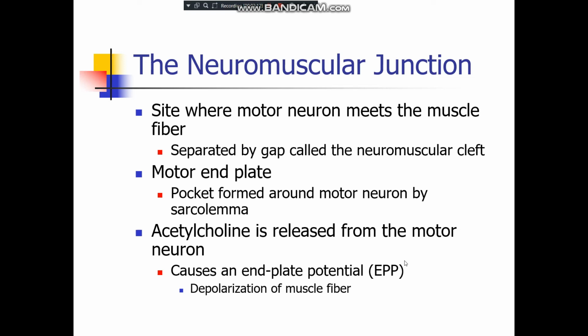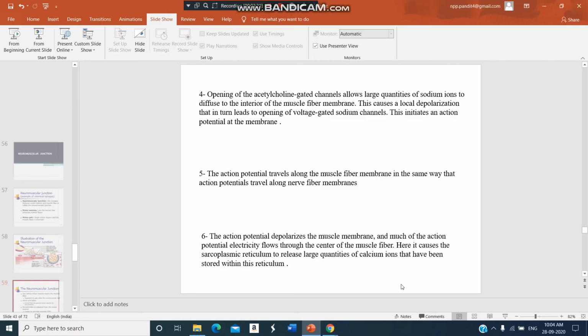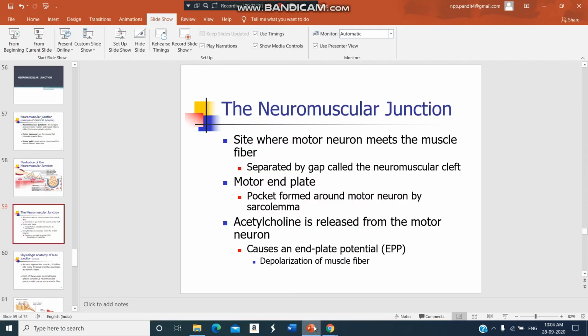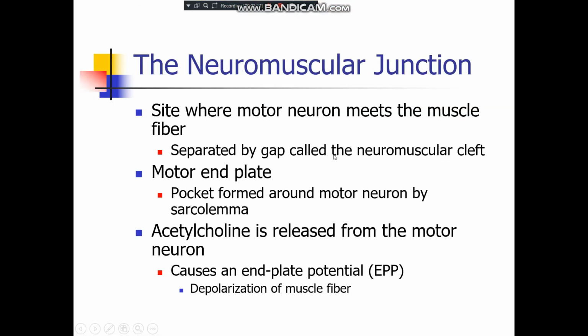So the neuromuscular junction is the site where the motor neuron meets the muscle fiber. It is separated by a gap, like the synaptic gap. Here you have the neuromuscular cleft.